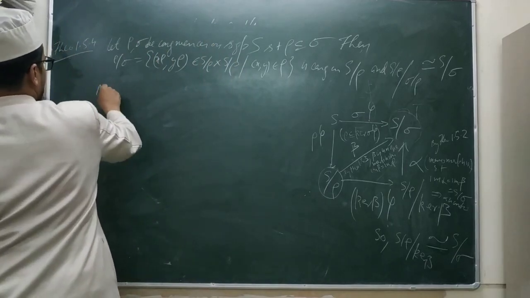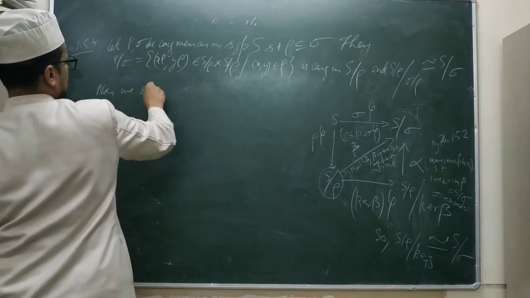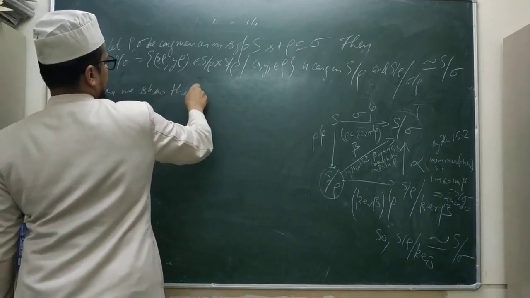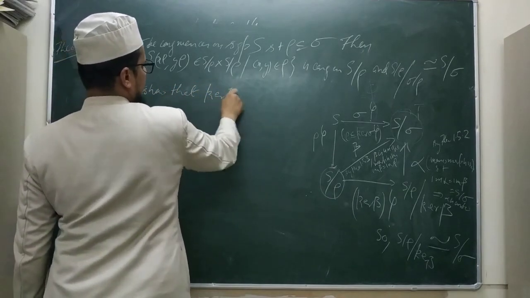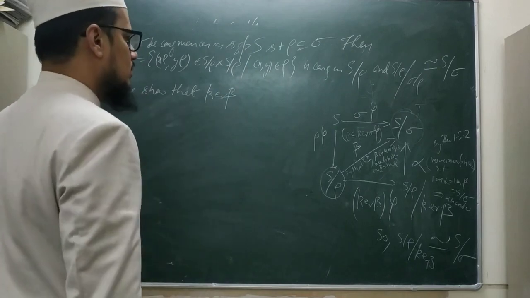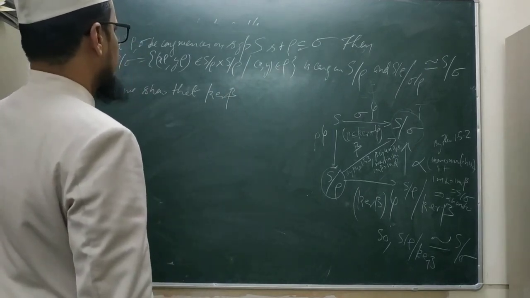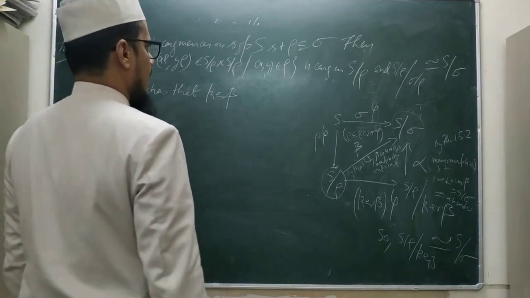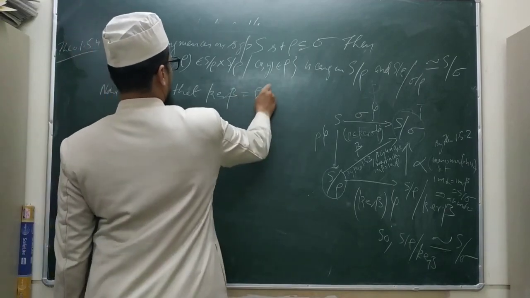So now we show that kernel beta is equal to rho by sigma. Correct?